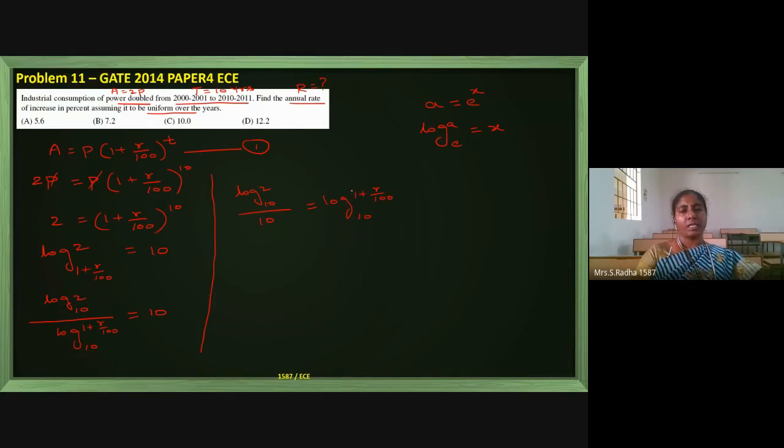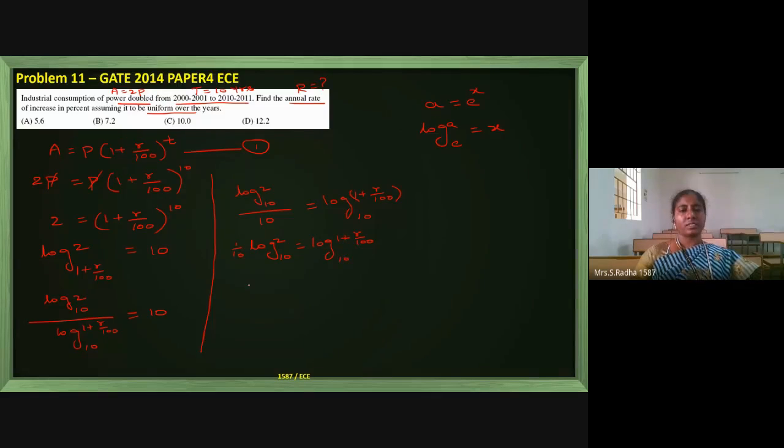And further calculation, without using a calculator if you want to do, this is 1 by 10. So log 2 base 10 by 10 equals log 1 plus r by 100 base 10.